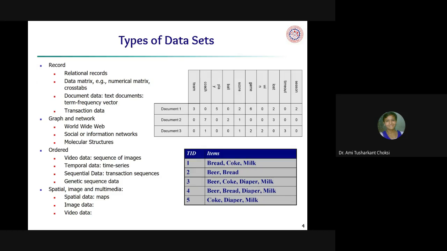People say it is spatial also. Image and multimedia, in that what do we consider? Spatial data, that is maps, image data, video data, right? So this type of data sets can be there, on which we have to apply the data mining algorithms. Fine.